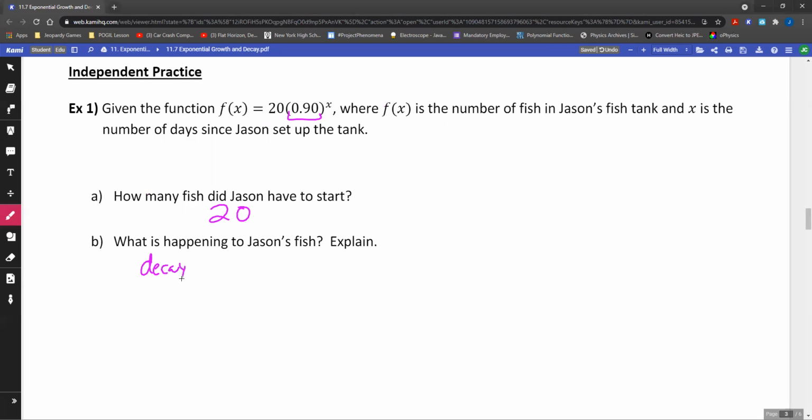So what we would say is fish are dying. And this is because the value of B is less than 1.